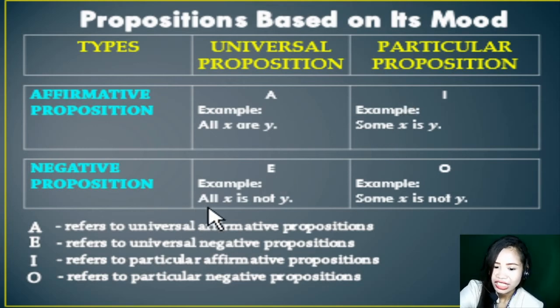All X is not Y. I refers to particular affirmative propositions, and O refers to particular negative propositions. So if you are talking of some and then you are pointing of not, that means you are talking of particular negative proposition.